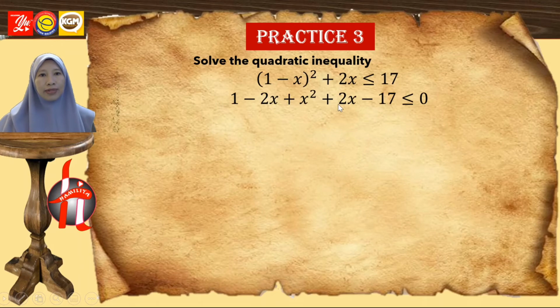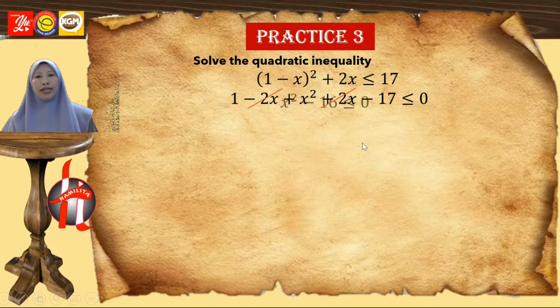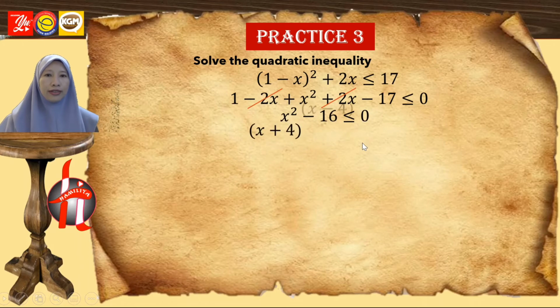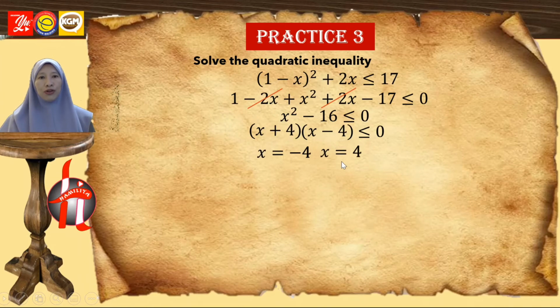And then here is plus 2x, and you minus 17 is less than 0. Then we simplify them, and then we factorize the inequality. We get x equals to -4 and x equals to 4.